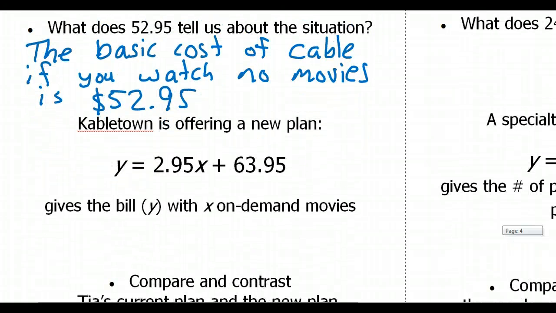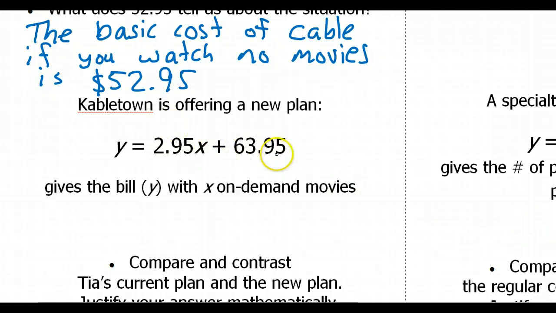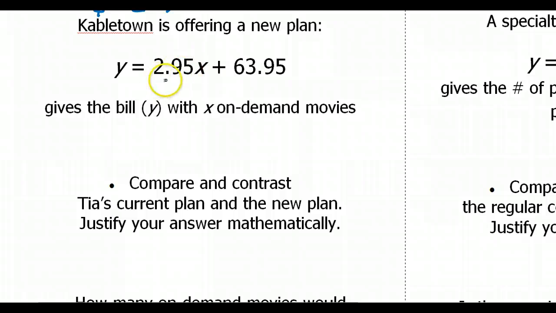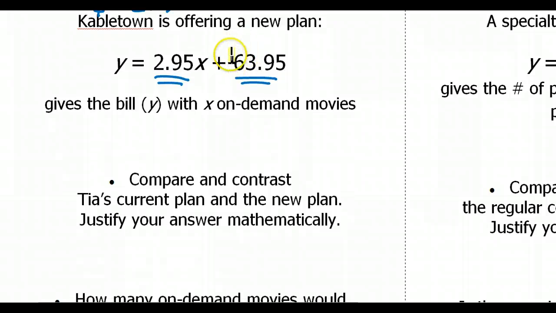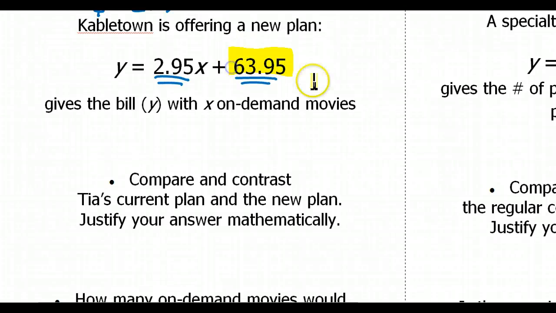Okay. Cabletown is offering a new plan. It looks like this. Let's compare and contrast. We'll use these two numbers to compare. Let's start with the number on the end, $63.95. Again, what does this number on the end tell you?